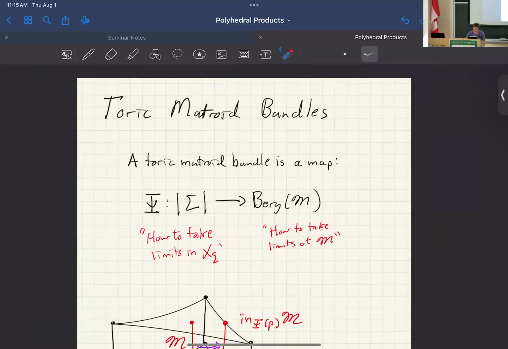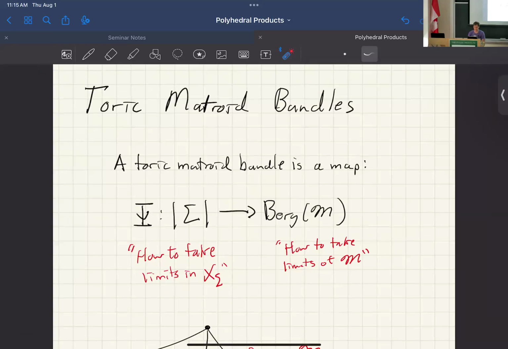All right. So now I'm going to tell you the idea behind toric matroid bundles. How do we make a bundle over a toric variety out of matroids? And hopefully we do it in a way where we actually capture geometry. So here's the idea. There have been 2 objects in this talk where I've told you how to go to infinity. The fan tells you how to go to infinity in the toric variety.